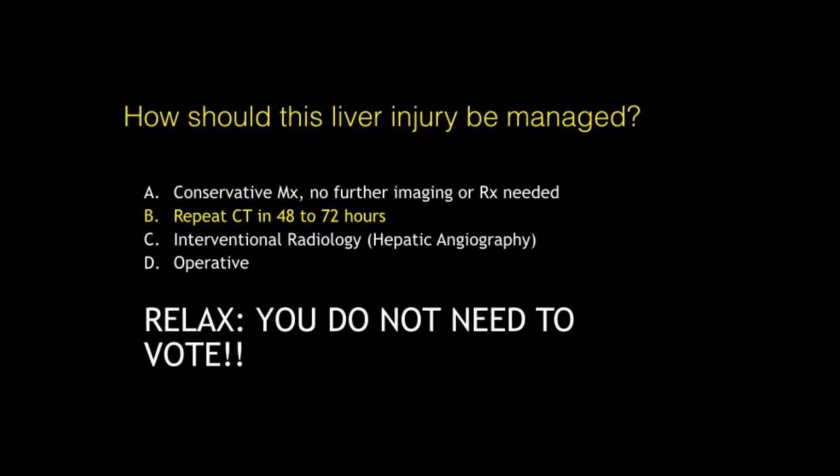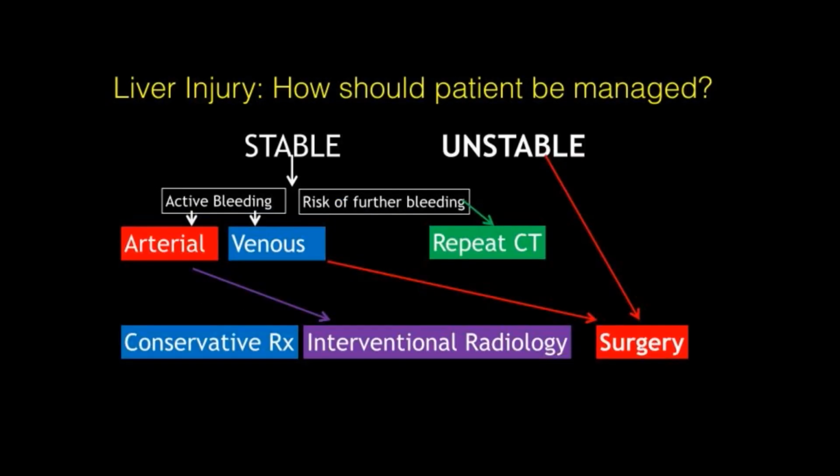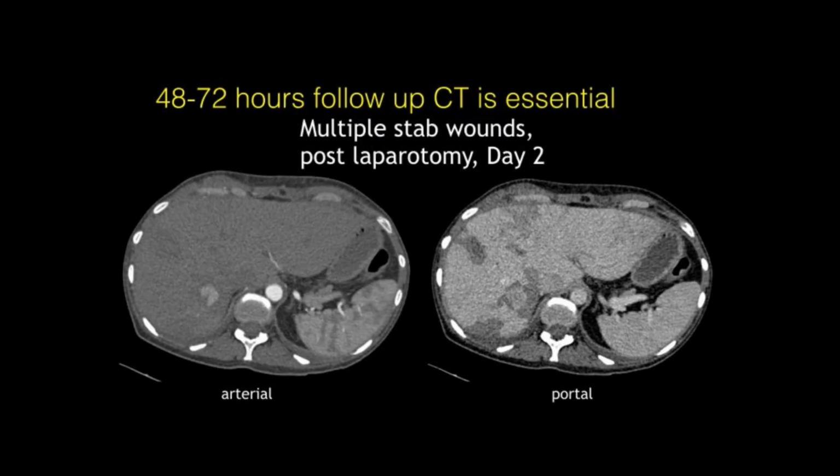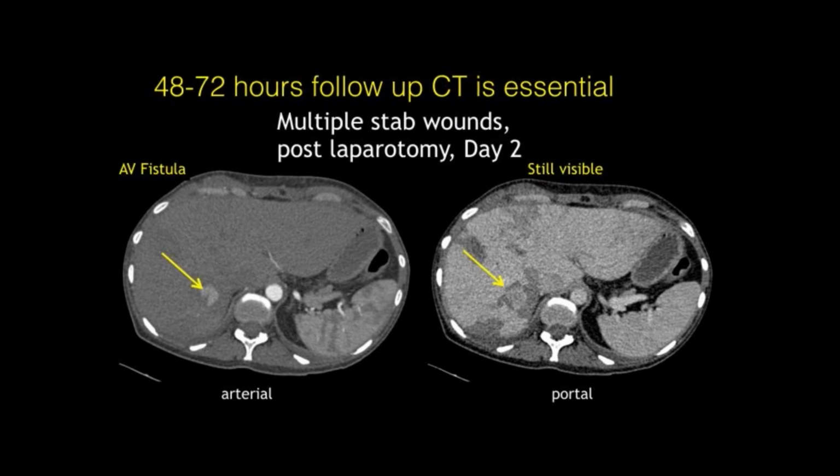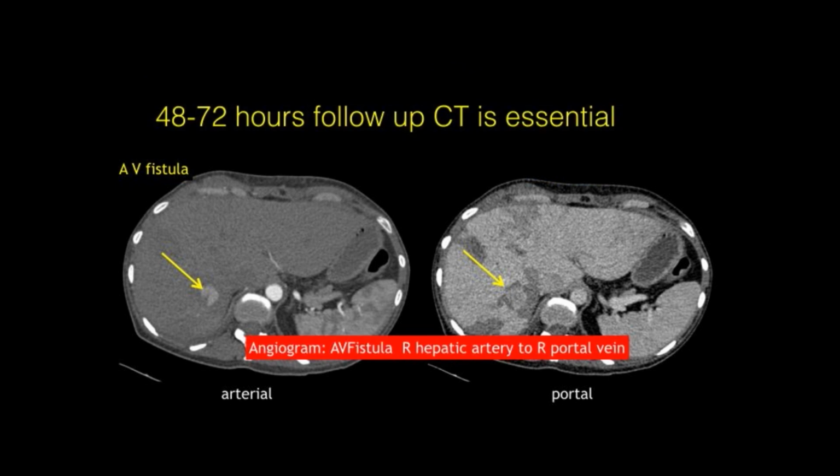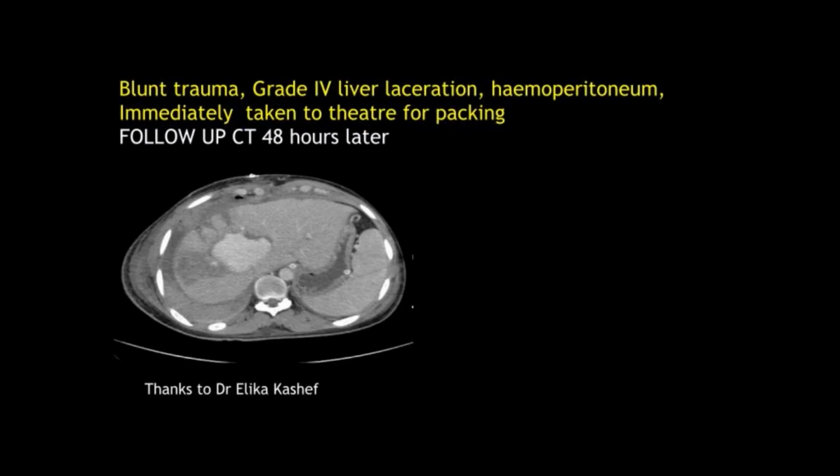But then when we followed him up 48 hours to 72 hours later, as we should have done on our algorithm. Here he is 2 days later, and you'll notice that he's got this blush of contrast. You can see it in the arterial phase, and you can see it in the venous phase. And this is actually an AV fistula between the right portal vein and the right hepatic artery. So you have to follow up all of these patients.